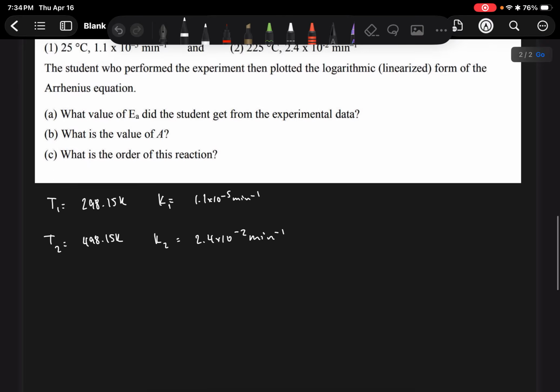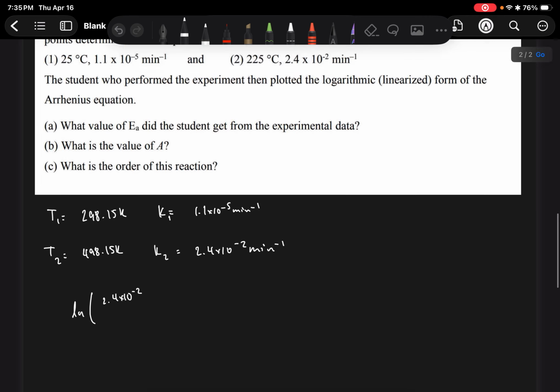Okay. I guess we need to find ln of A. So then we could infer that we have to use the other formula, but why? Why do we need to do that?